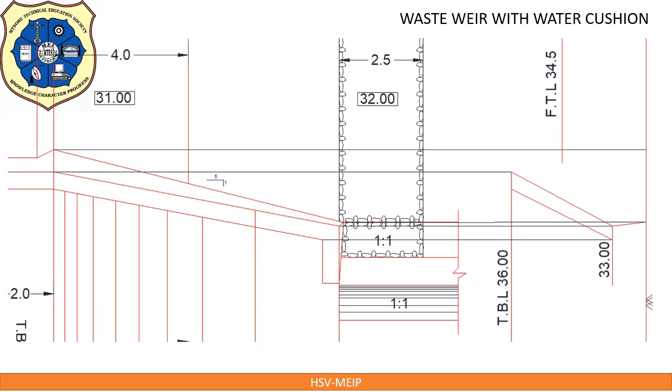Project bottom width of the abutment or wing wall at the junction of wing wall and abutment up to ground level. That we are projecting here up to here.